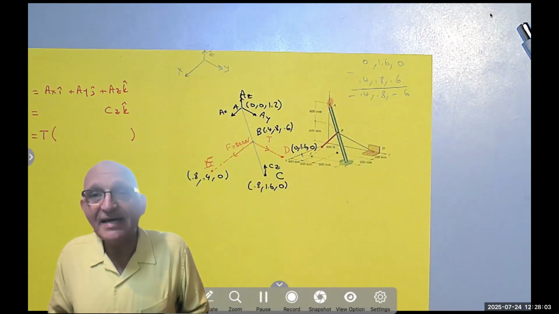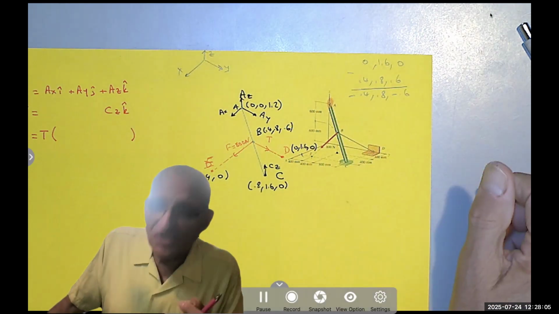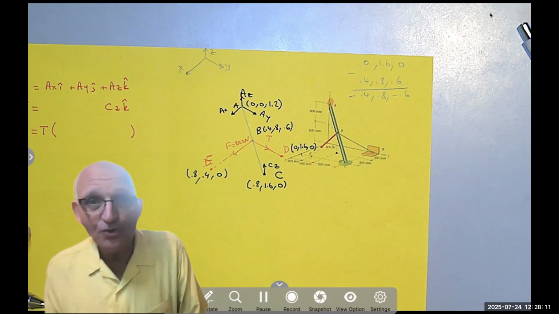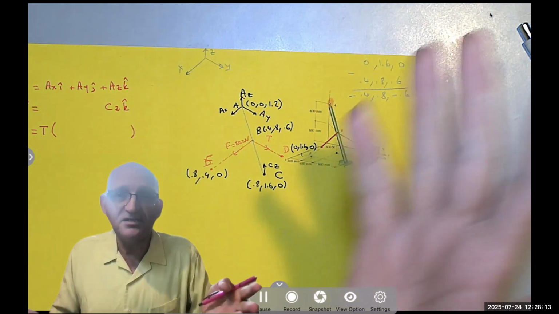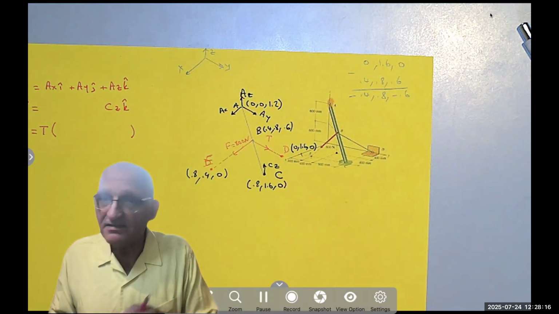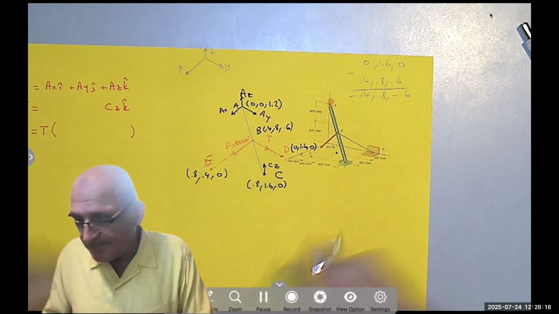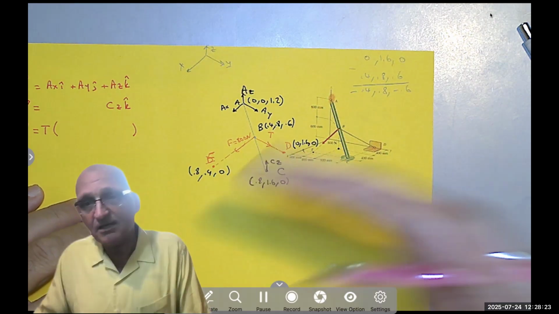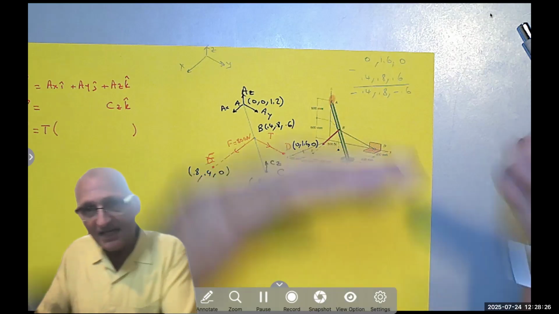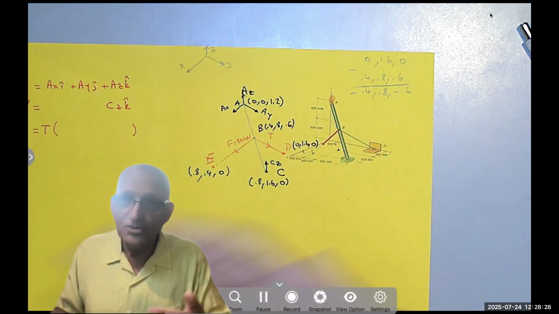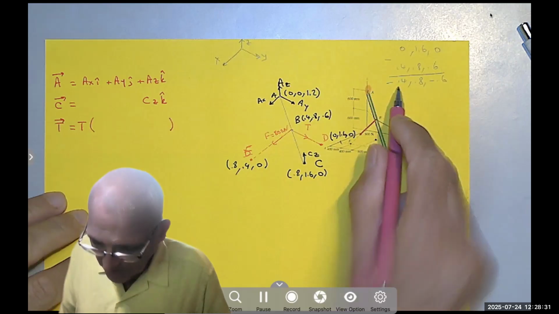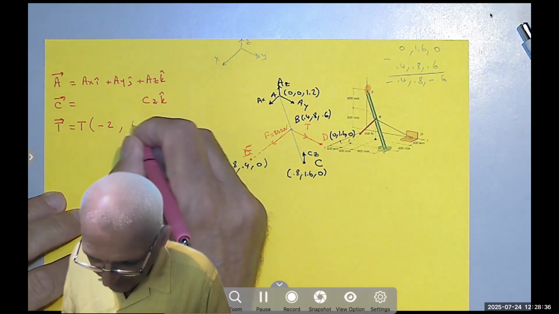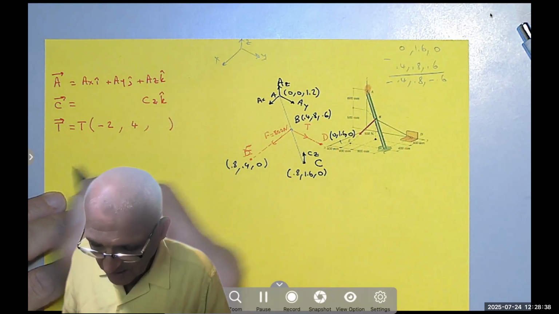Divided by its magnitude. Notice because all of them are divisible by 2, you can simplify by 2 and then multiply by 10 to get rid of the decimal place. This is completely valid, meaning I'm going to multiply by 5. Why 5? I'm multiplying by 10 to get rid of the decimal place and then dividing by 2 to simplify. So this would be negative 2, positive 4, negative 3.